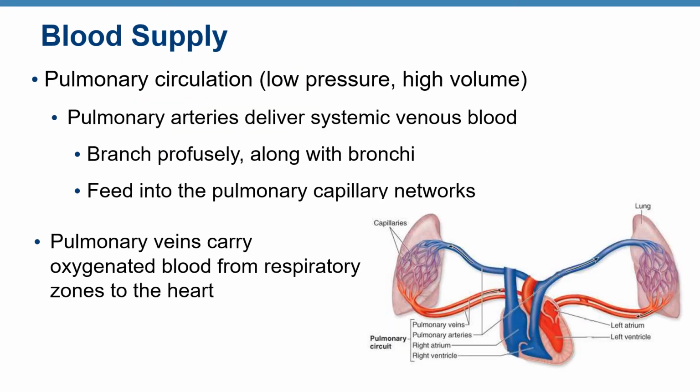Blood supply. We already know about pulmonary circulation. So pulmonary circulation is shown over here on this diagram, where from the right ventricle, blood flows to the lungs, right here and here. And this is where we have exchange. So carbon dioxide leaves to the lungs, and we pick up oxygen, and oxygen is returned to the left side of the heart, and specifically to the left atrium, right?